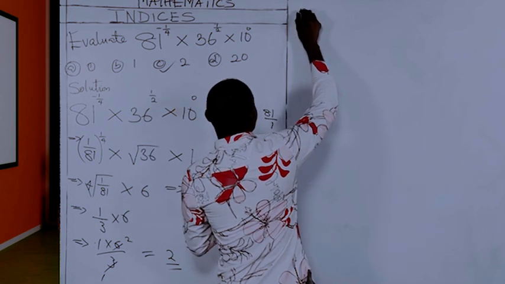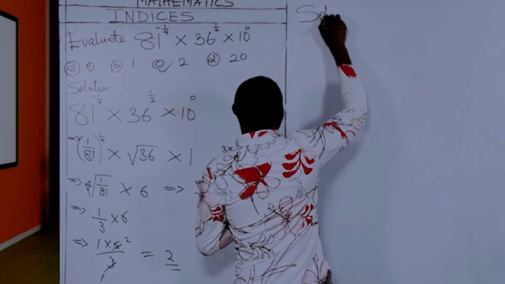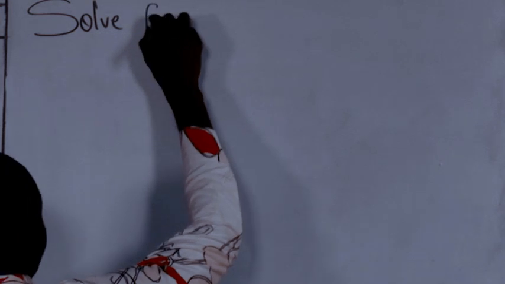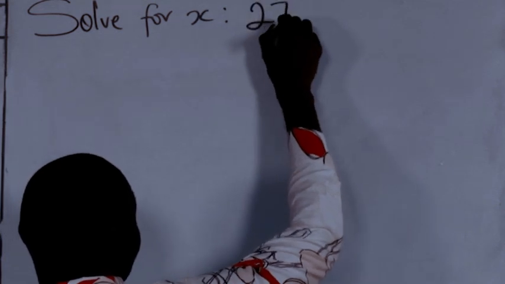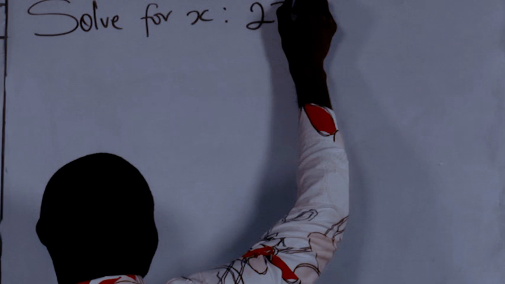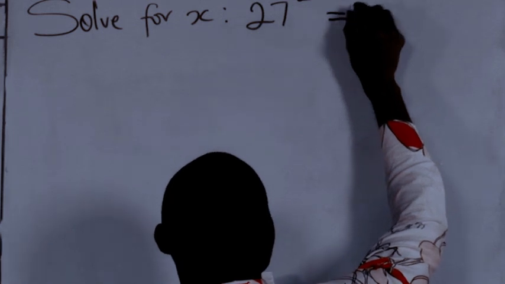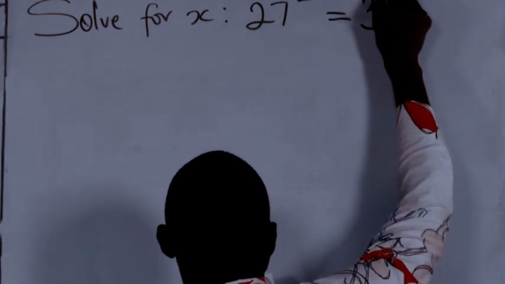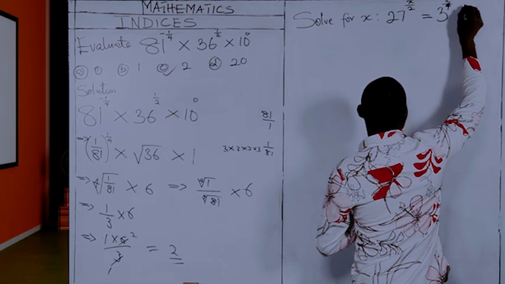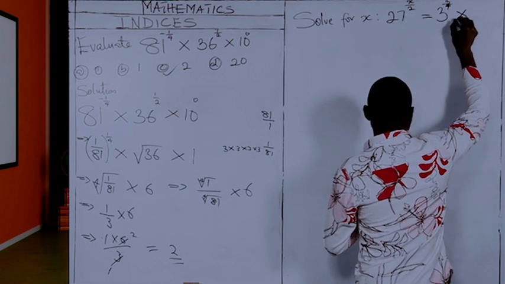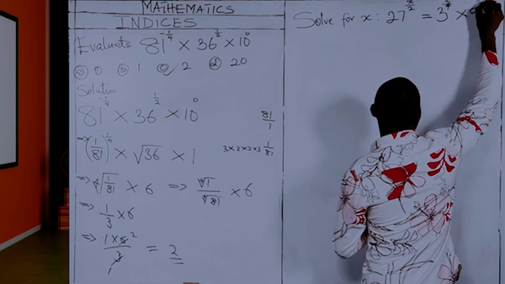Next question says, solve for x in 27 raised to power x over 2 equals 3 raised to power 3 over 4, multiplied by 9 raised to power minus 1 over 4.